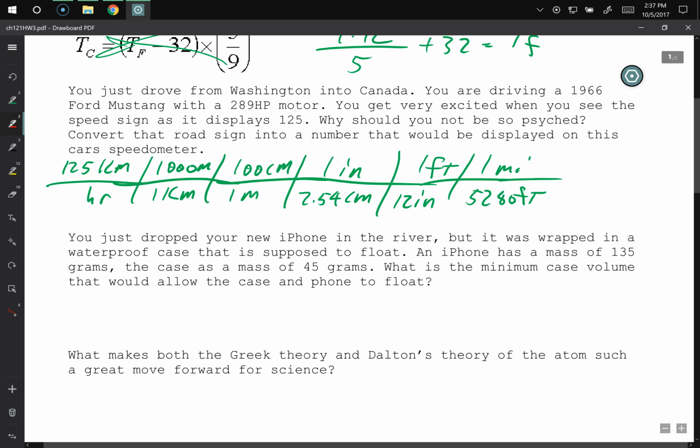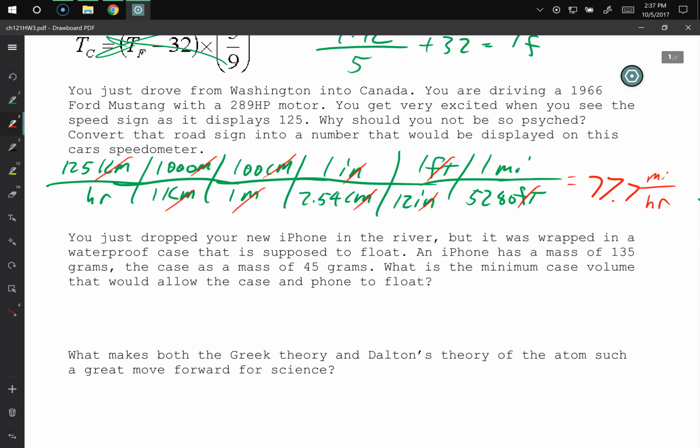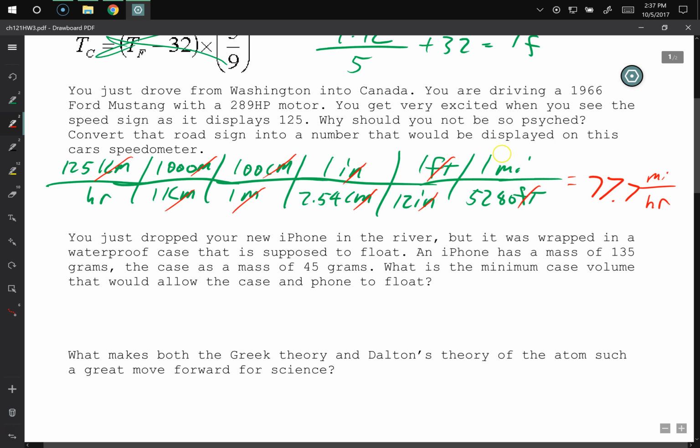And then I can cancel my kilometers and my meters and my centimeters and my inches and my feet. And that just leaves me with miles divided by hours. And it works out to be 77.7 with the correct number of sig figs. That good? Any questions about this one? Okay.